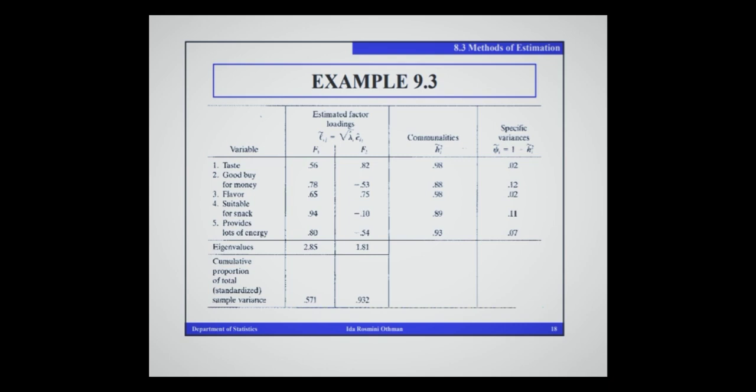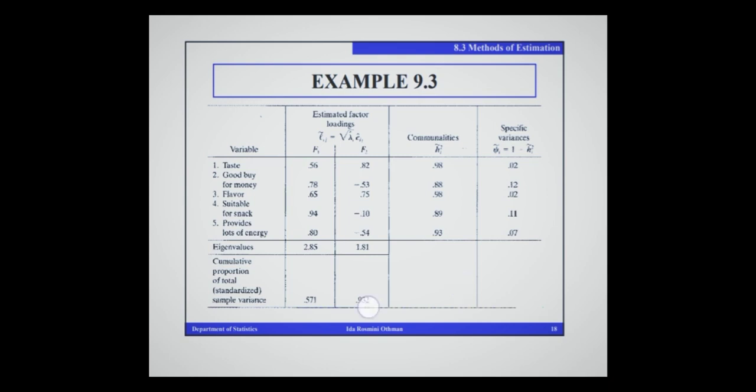And then if we use 2 factors, maksudnya kat sini dapat 0.932, 2.85 plus 1.81 divide dengan 5, you akan dapat 0.935. So from this we can make conclusion that we need to use the first 2 factors to give the contribution for the data.